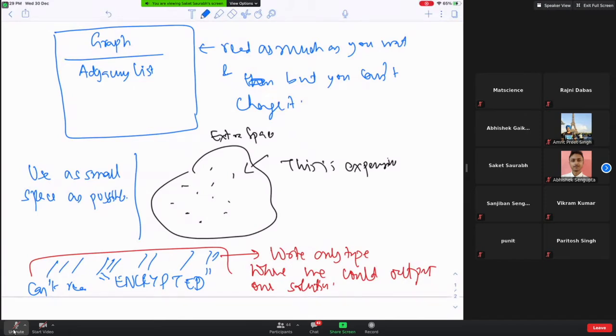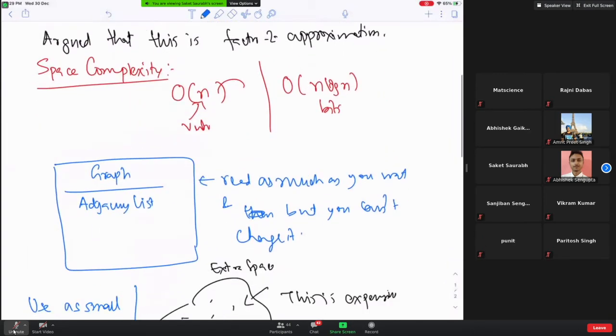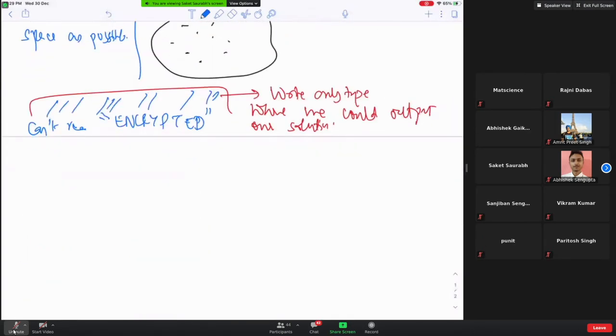I give you more power. You can read as much as you wish, but you can't make any changes to my input. Here's your extra space where I would like you to use as small a space as possible, and then do something.